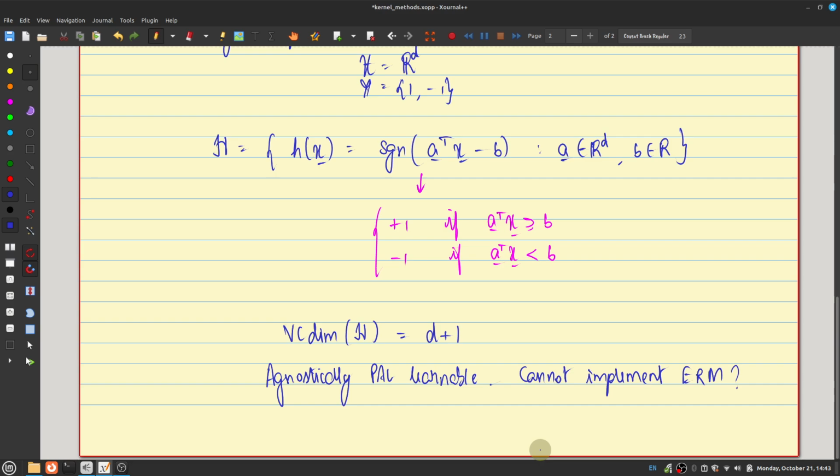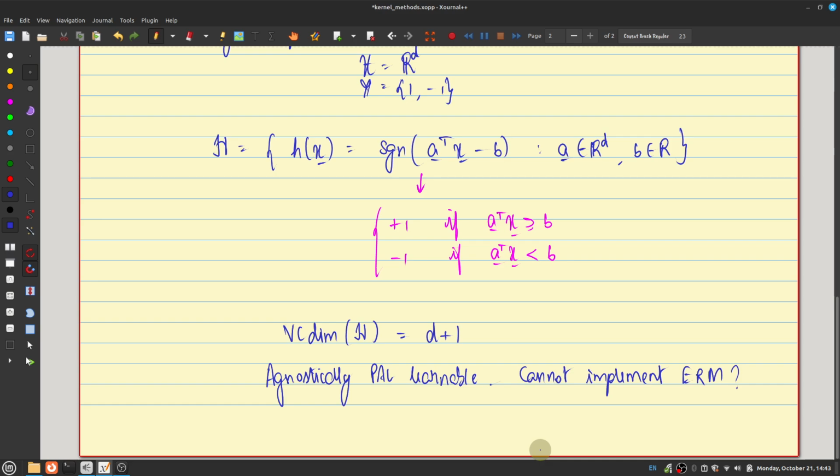Well, if you're dealing with just PAC learnability, where the concept class is equal to the hypothesis class, for a given training set, there could be multiple hypotheses which give you zero empirical risk. So even in the case of learning axis aligned rectangles, there are two different ways.